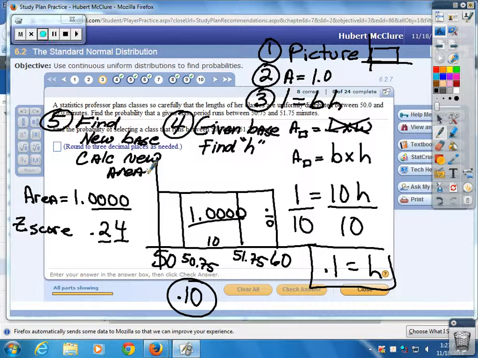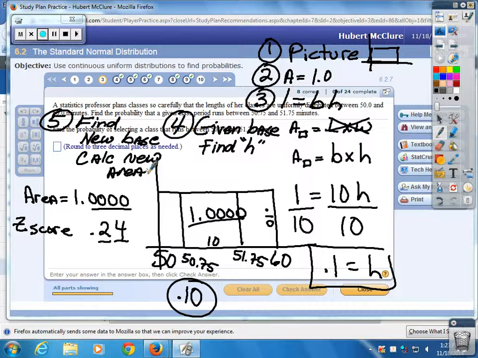So there's 5 steps. 1, draw a picture. It's going to look like a rectangle. 2, establish that 1 is equal to the area. 3, if 1 is equal to the area, then 1 is equal to base times the height. Find the given base, which is usually given in the first sentence.